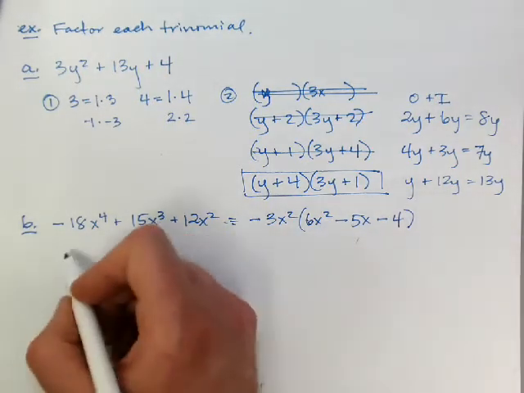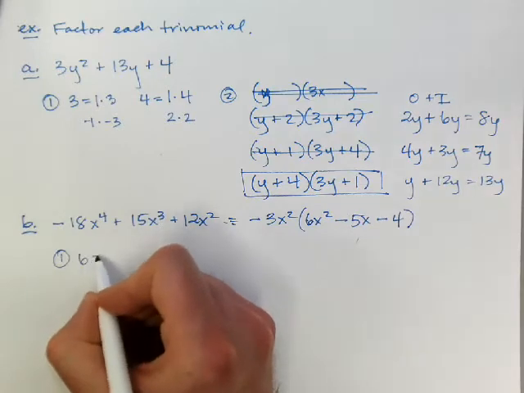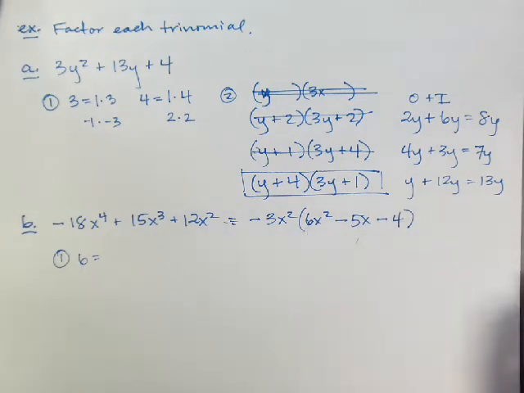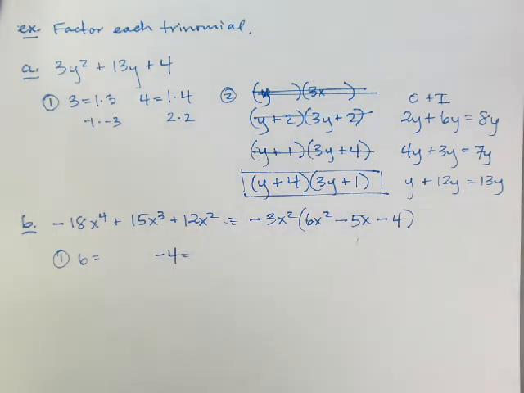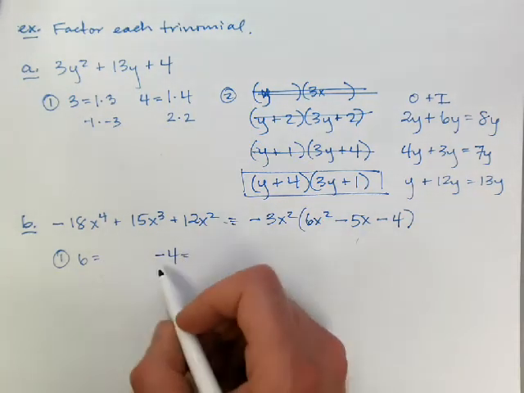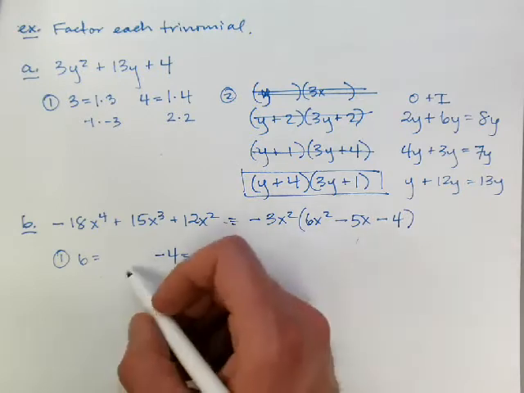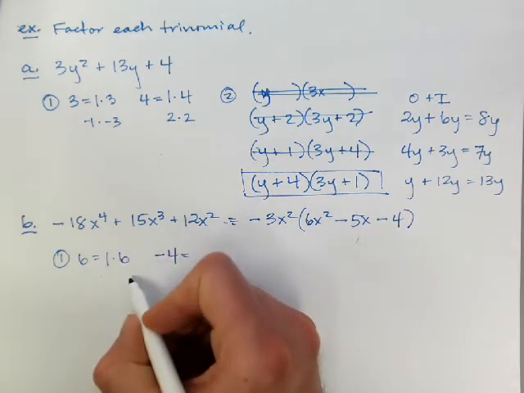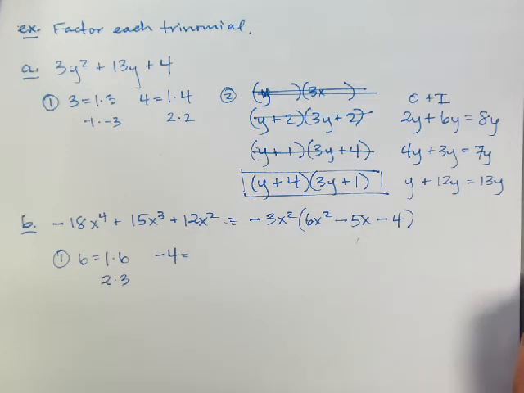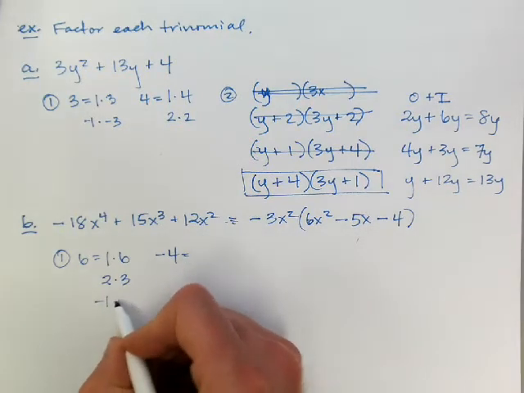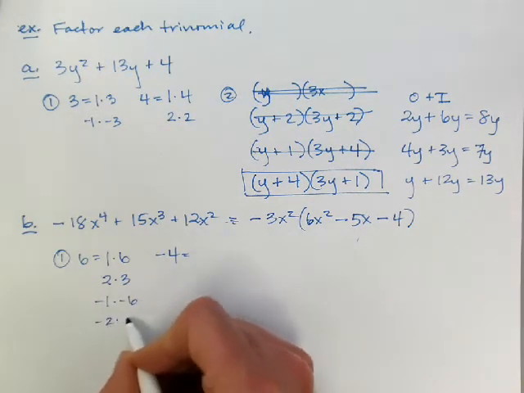So we need to look first, what are the possible factors of a positive 6? And then also, what are the factors of a negative 4? Okay, so let's see. Positive 6, so we could do a 1 times 6, 2 times 3. We could also do a -1 times -6 and a -2 times a -3.